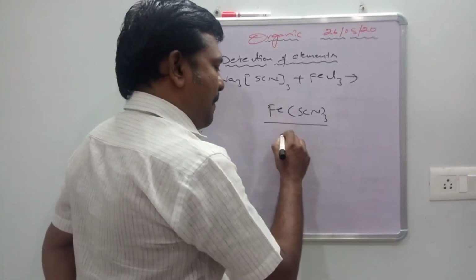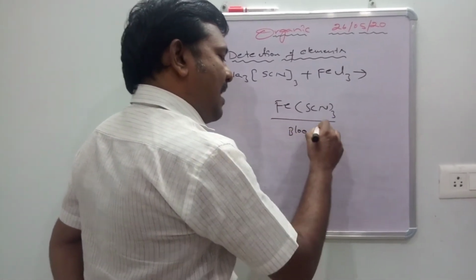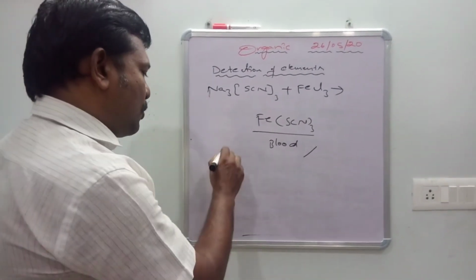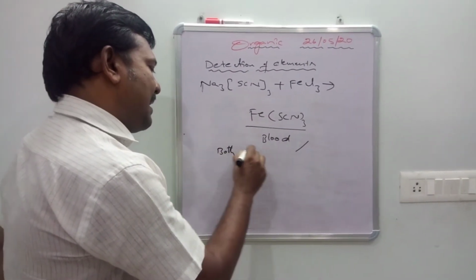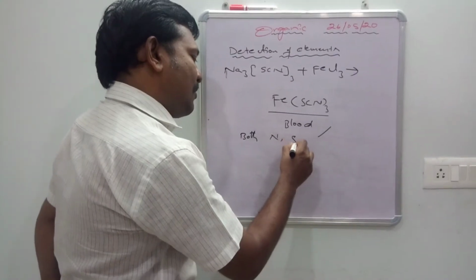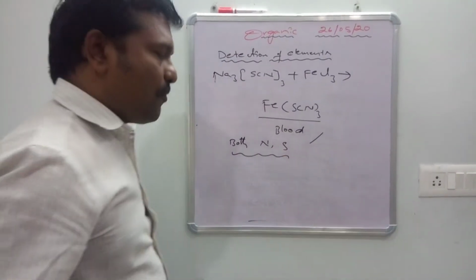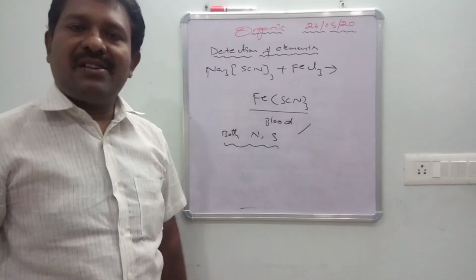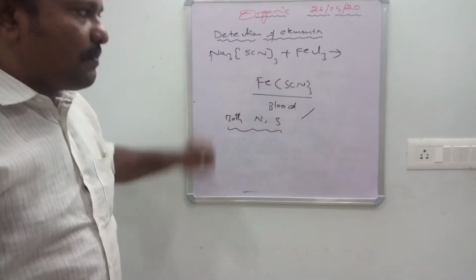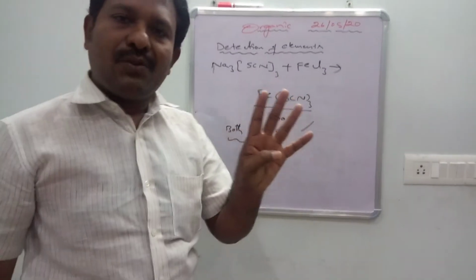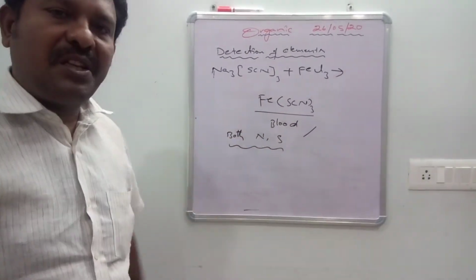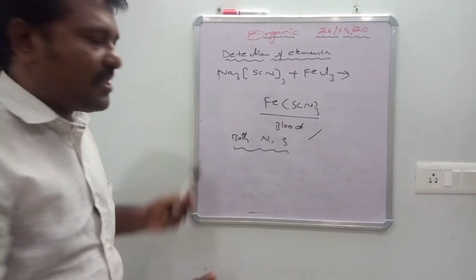It gives a blood red or red wine color solution, which indicates the presence of both nitrogen and sulfur. It is also a very important bit. That is the detection of nitrogen and sulfur.